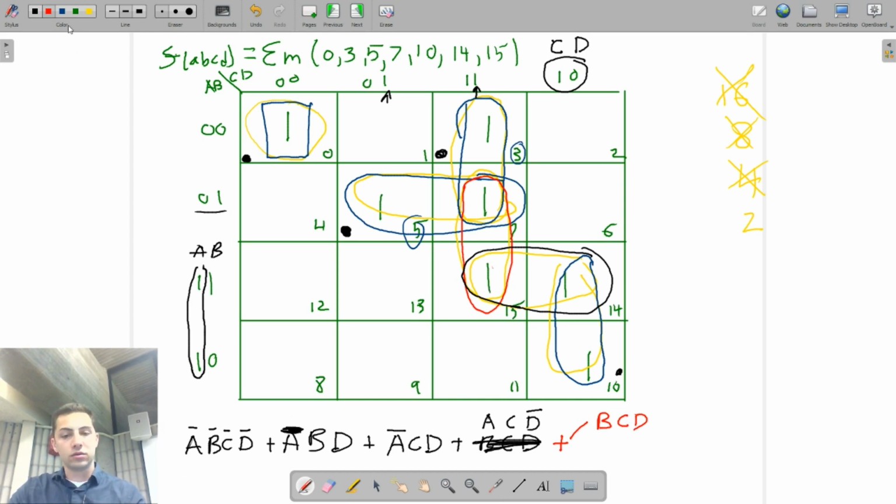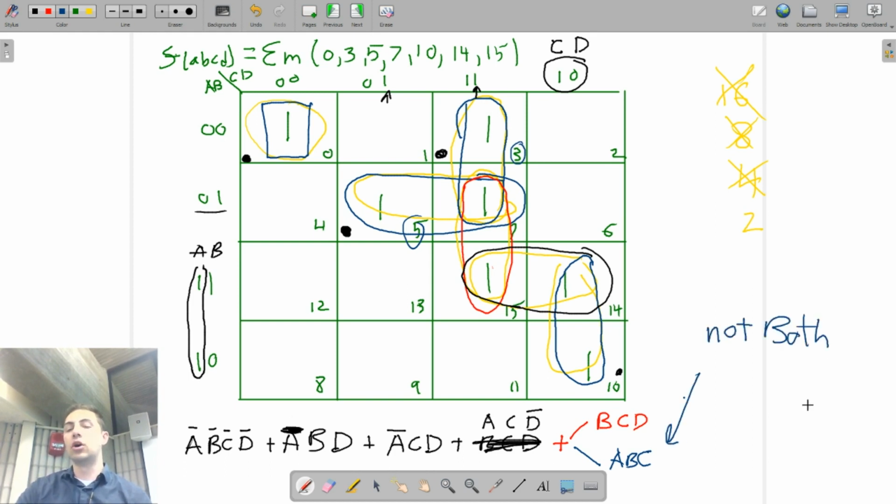Or we could circle the horizontal, and that would be A, B, C. So very different terms, including totally different literals. It is a mistake. It is wrong to include both. Not both. Only one.